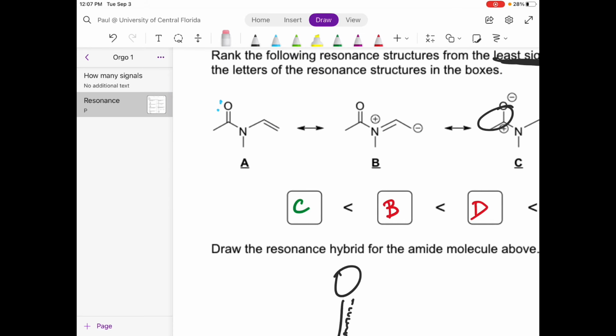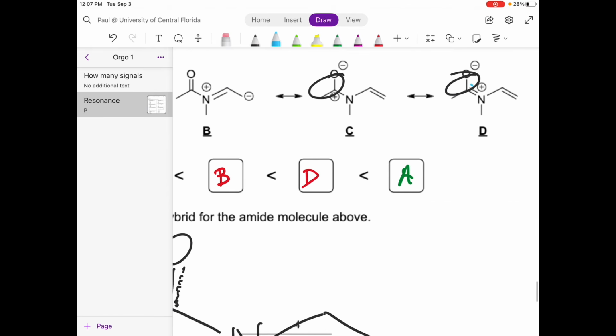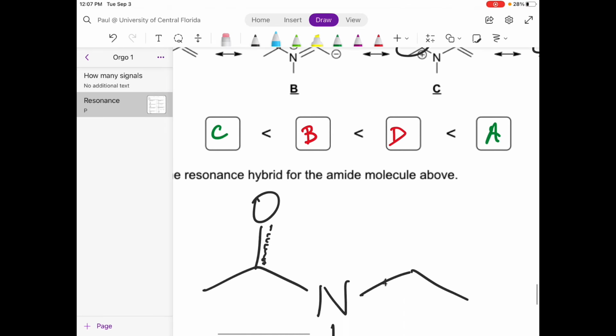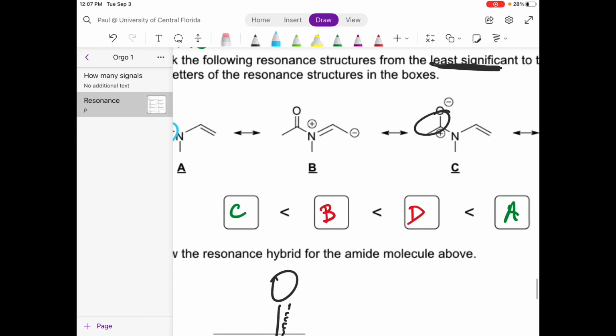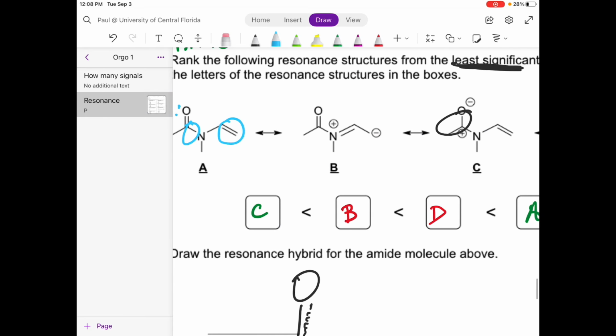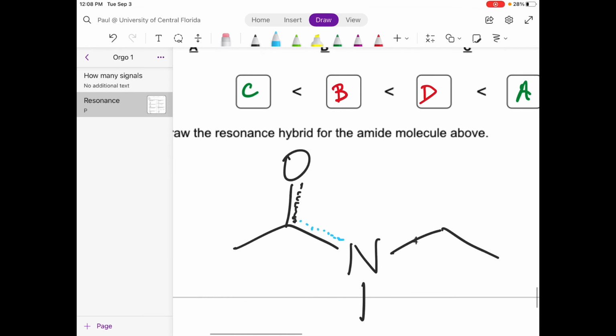This nitrogen-carbon bond right there. Do you see how it's single bond there, but double bond there? So all we have to do is just draw a dotted line that represents that partial double bond character. Now, we see in A, there's a double bond, but in B, it's a single bond. So we just represent, hey, that's going to be that.